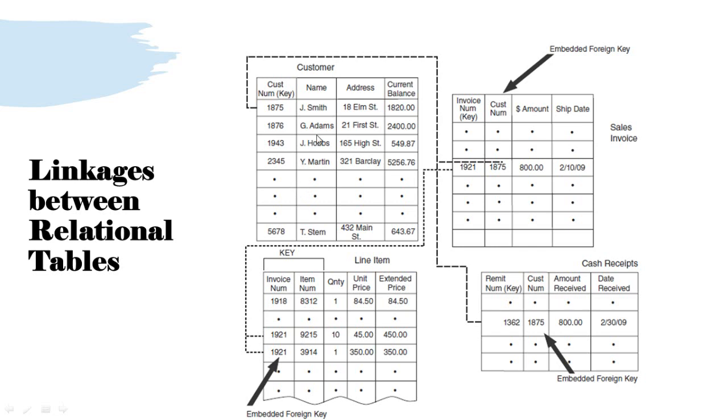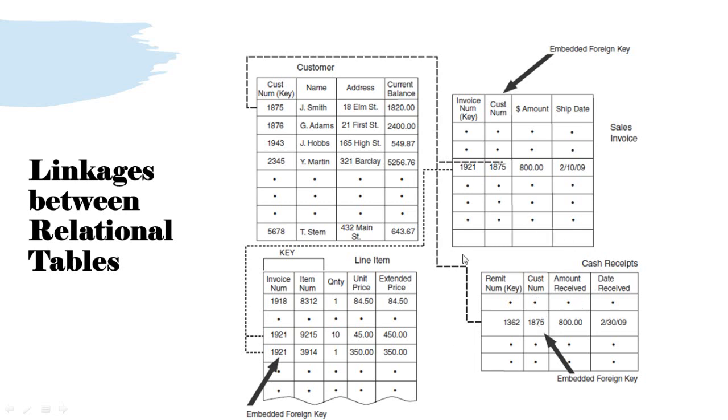Okay, for example, here we see the customer table, then the sales invoice table, cash receipt table, and line item. Of course, all of them will be connected to each other when we audit one of them, especially the cash receipt and the sales invoice. The first is, for example, like this: customer number 18758, we take it from the cash receipt.